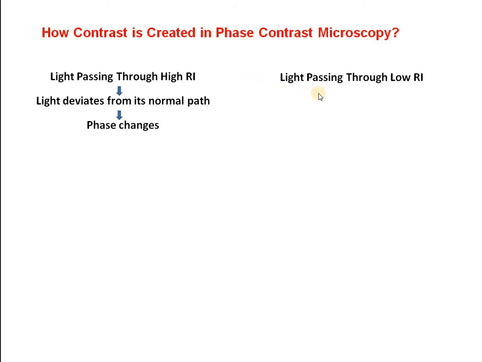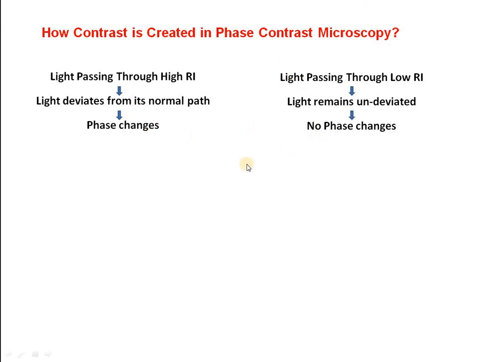But when the light passes through low refractive index regions of the tissue, the light remains undeviated. So no phase changes are found.